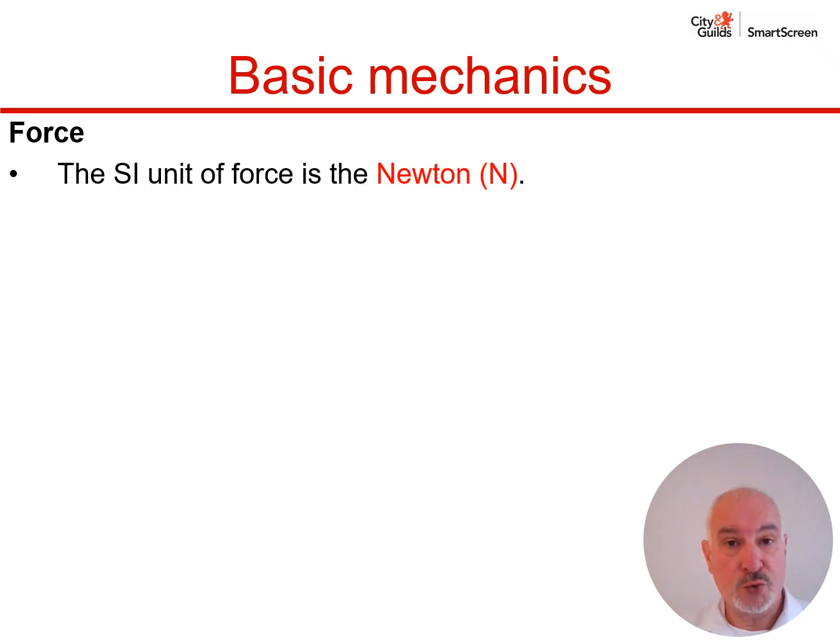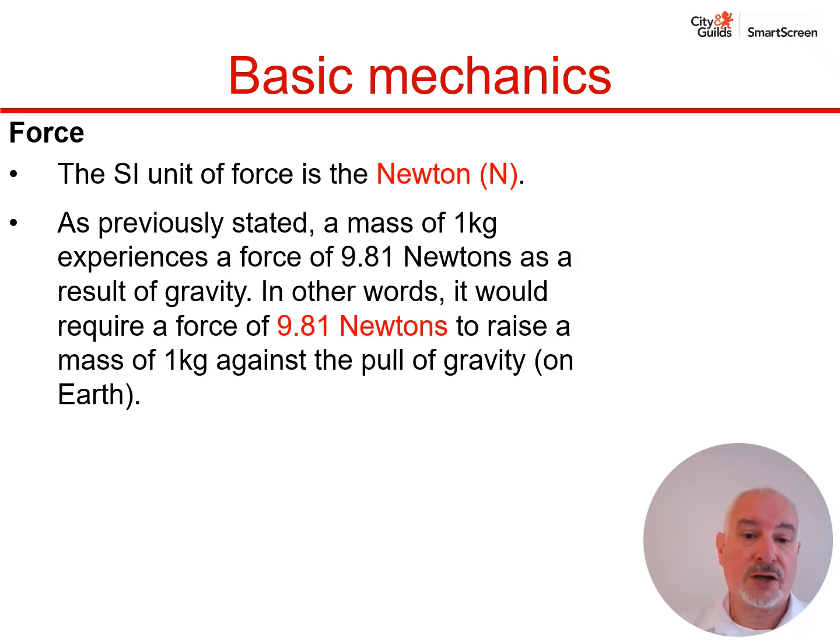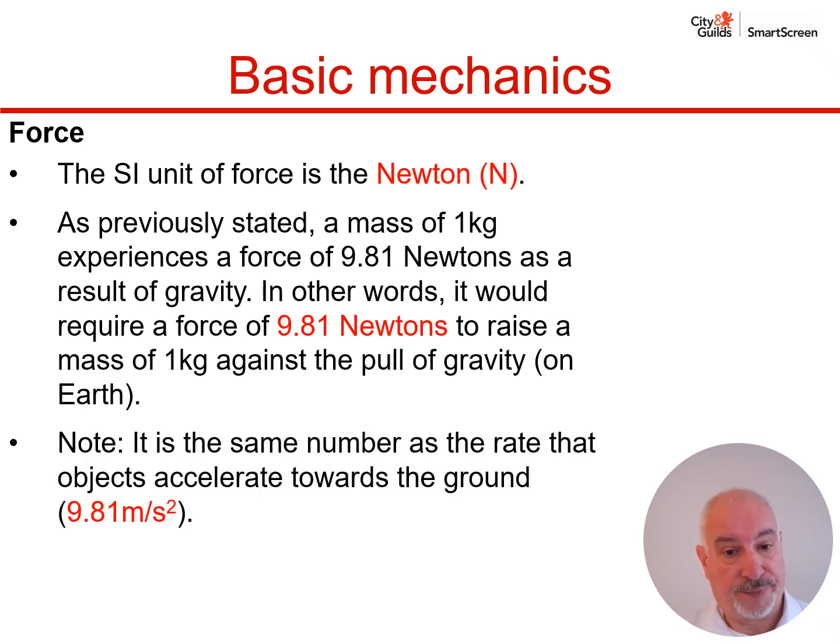We're saying that force is measured in newtons and that an object with a mass of 1 kilogram experiences a force of 9.81 newtons as a result of gravity. So its weight is 9.81 newtons. Now, if we want to lift that object, we need to exert a force of 9.81 newtons to lift it against the pull of gravity.